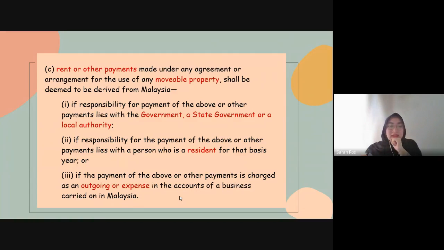The rent for the movable property should be deemed to be derived from Malaysia if the responsibility for payment lies with the government, state government, or local authority, and a person who is a resident, and also if the payment of the above is charged as outgoing or expenses in the account of a business carried on in Malaysia. Basically, this derivation of special classes is quite similar to what had been presented by Siti Aisyah from the previous group.